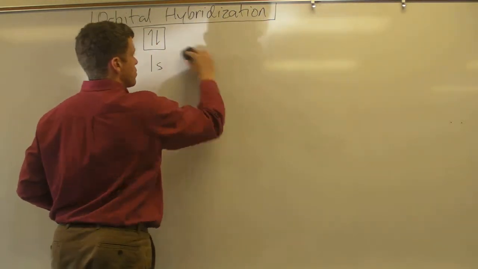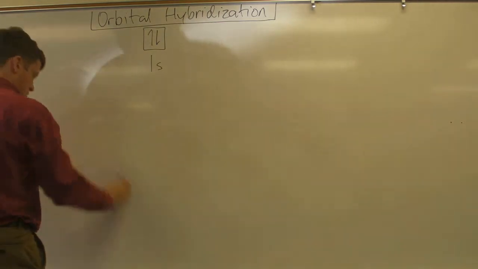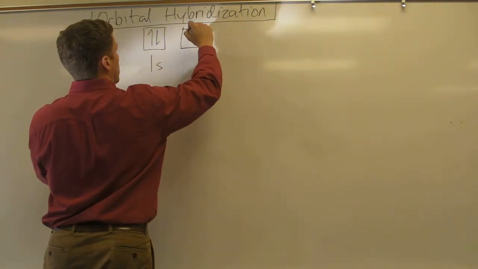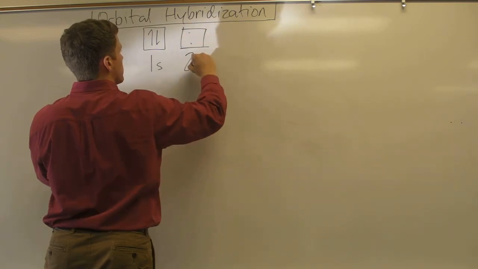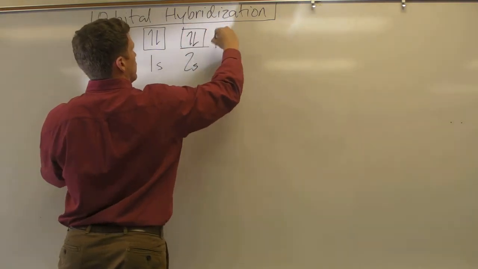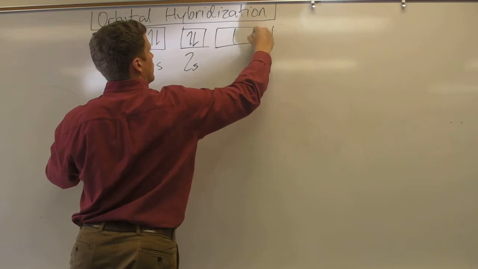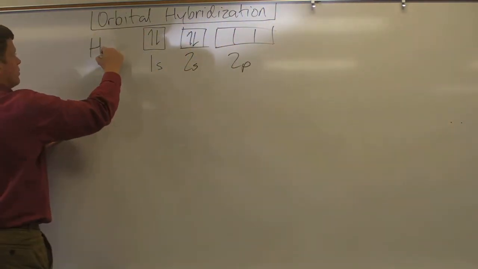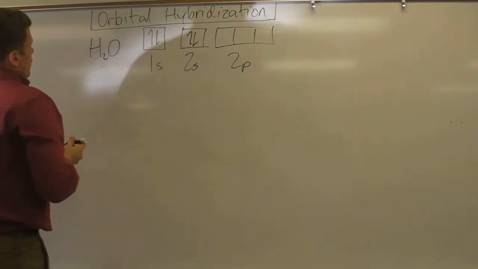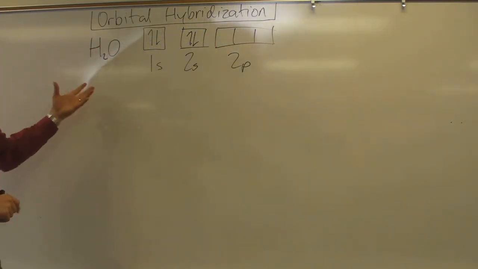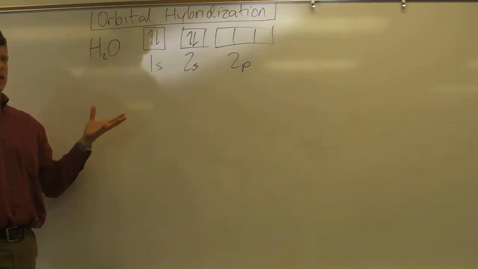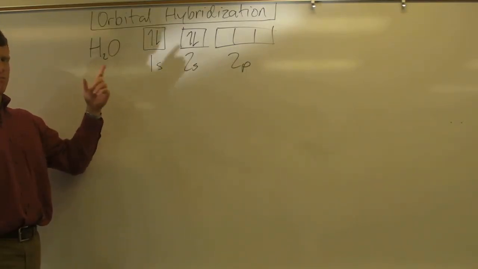I'll go through the same steps all over again. So we're looking at H2O. So in every case so far, we've looked at the central atom, and usually the central atom is just the one atom in a molecule.